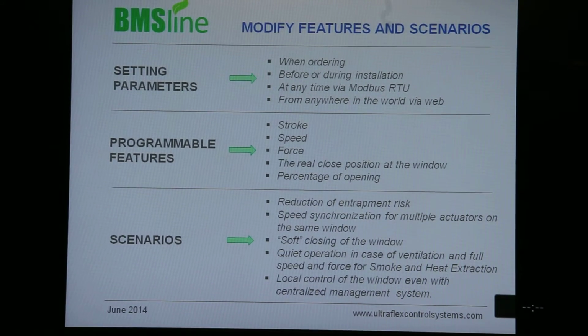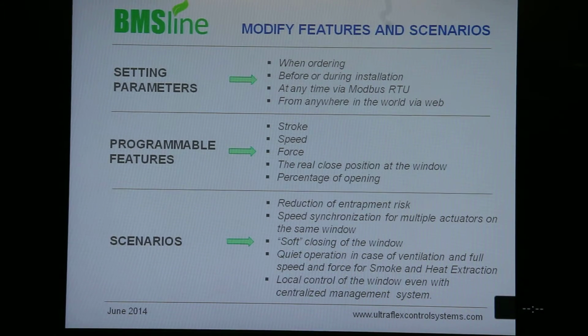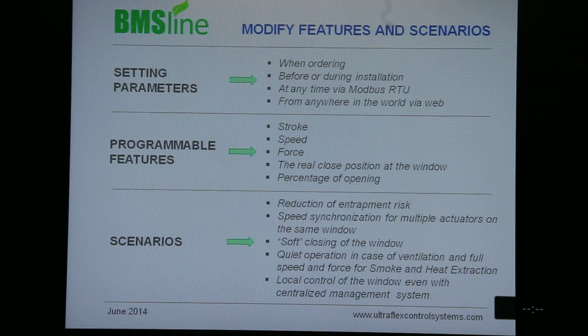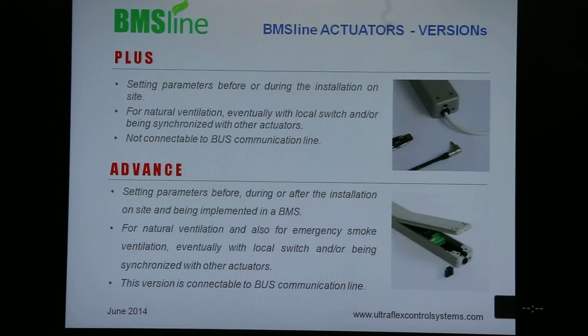Reduction of the entrapment risk, speed synchronization for multiple actuators on the same window, soft closing of the window, quiet operation in the case of ventilation, and full speed and force for smoke and heat extraction. Local control of the window even with centralized management systems.